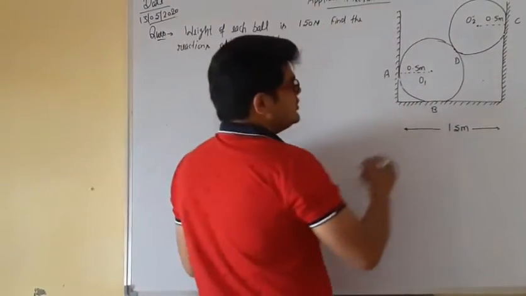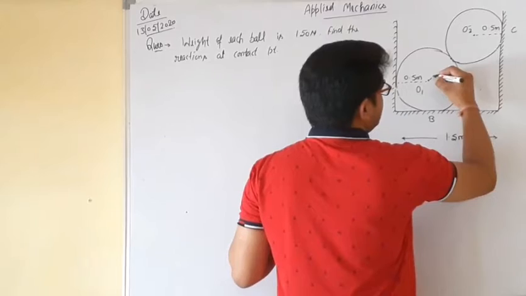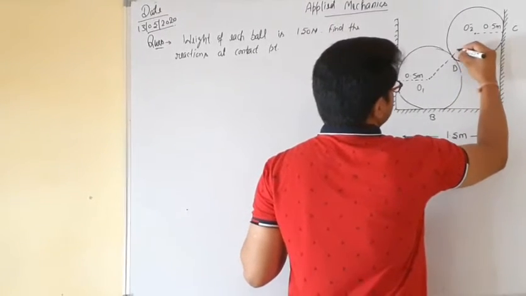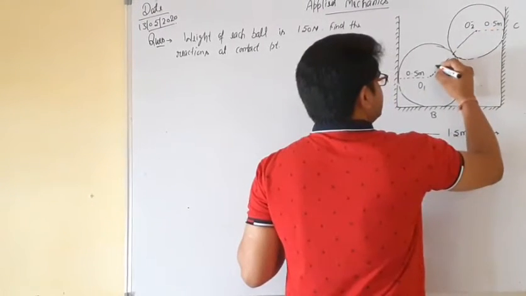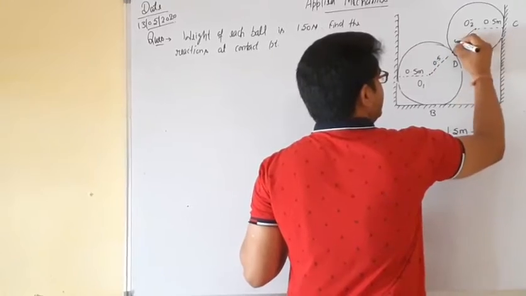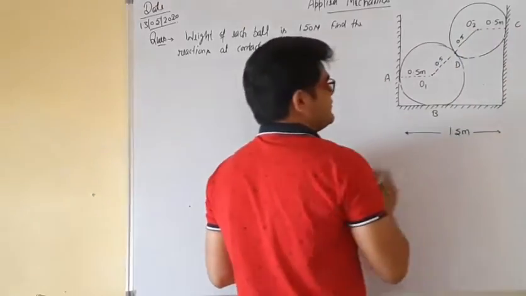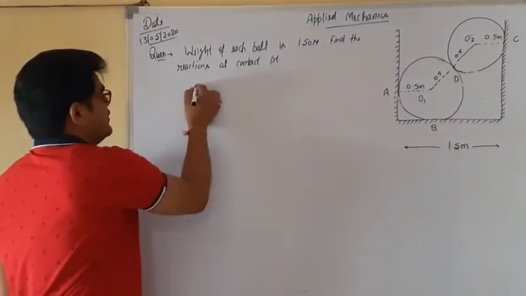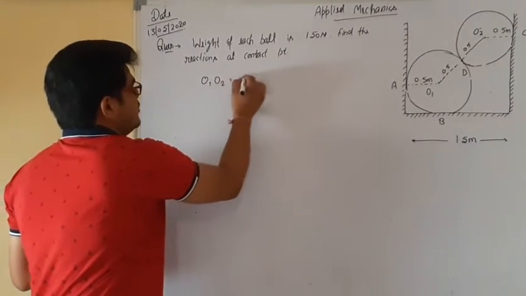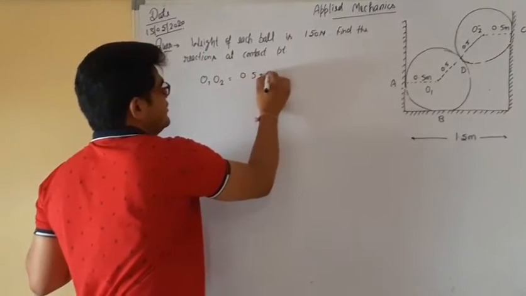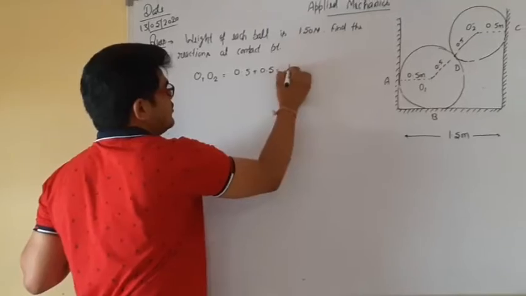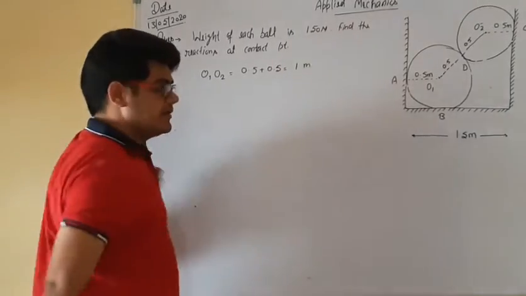First of all, we join O1 to O2. This is 0.5 and this is also 0.5, then O1O2 equals 0.5 plus 0.5 equals 1 meter.